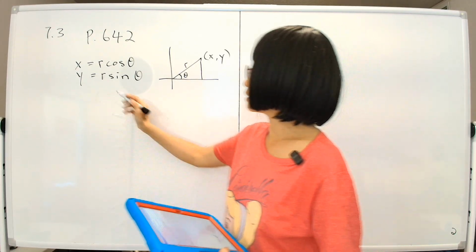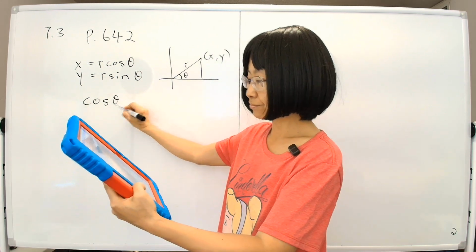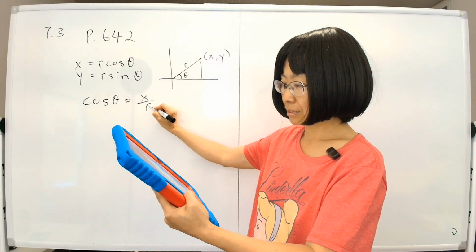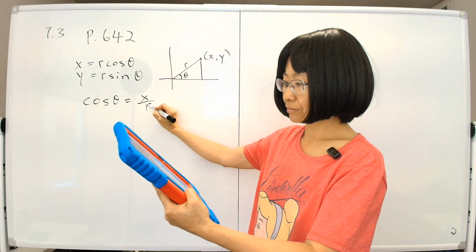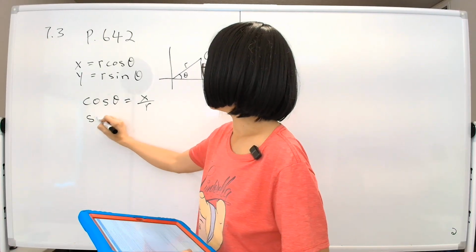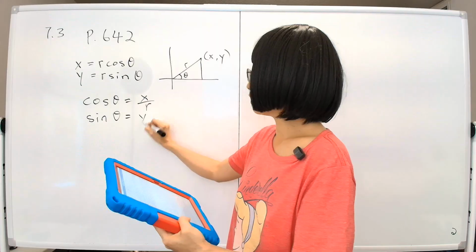Such that cosine theta is defined as x over r, and x equals r cosine theta. And then sine theta is equal to y over r.